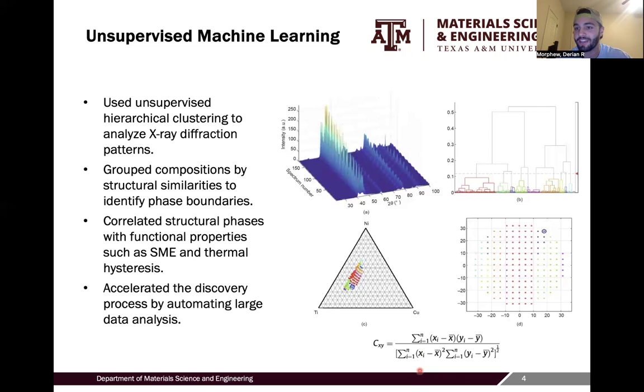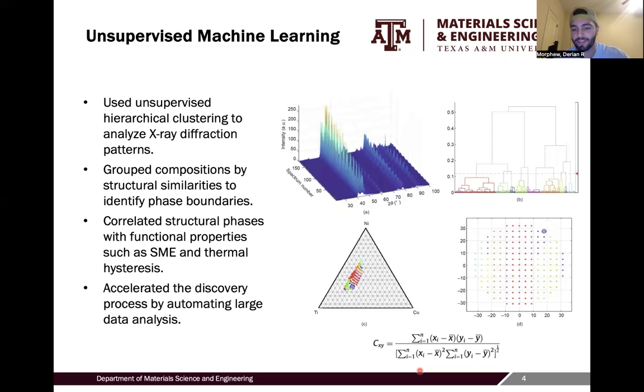And in the context of XRD results, it just allowed them to basically cluster compositions that had similar XRD data, as simple as I can put it. But this was extremely useful because they could identify global phase boundaries along the wafer itself, which allowed them to group these compositions by their similar phases.